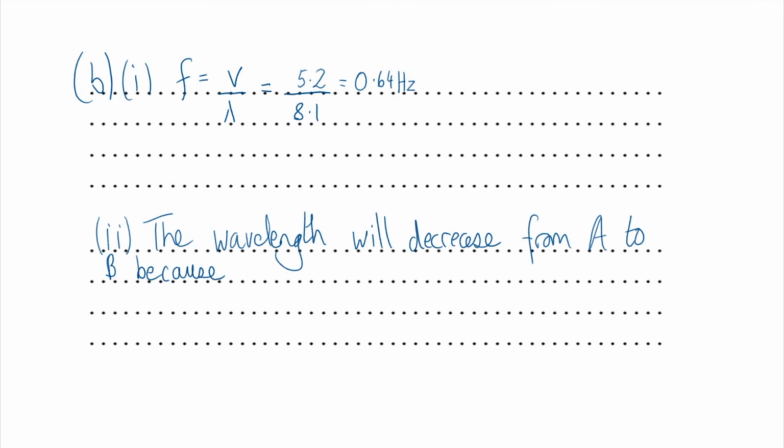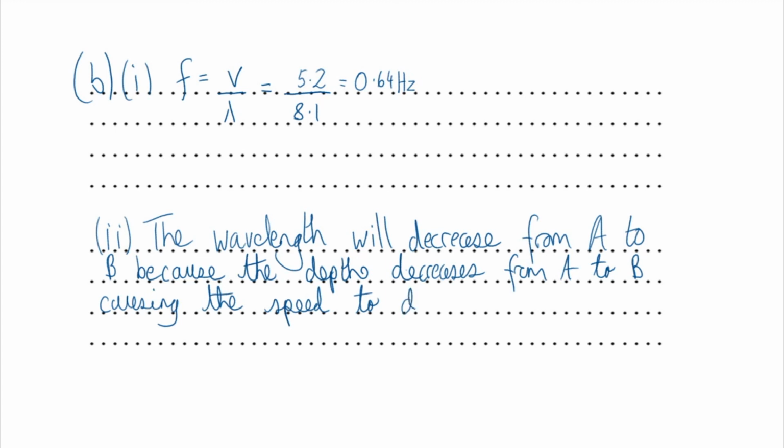Because the depth decreases from A to B, causing the speed to decrease, that in turn decreases the wavelength.